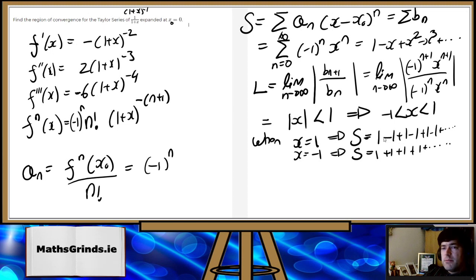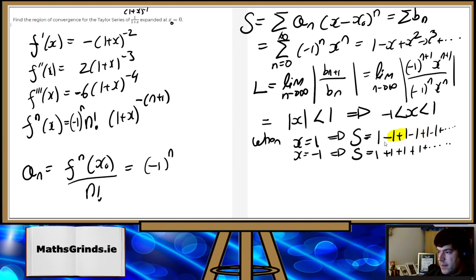Now, you might be tempted to say that it converges in the first case here when x is 1, but this is actually an interesting one because depending on how you group things together, you can get different results. So if I group the second and the third, the fourth and the fifth, etc., those pairs cancel and I'll be left with 1.